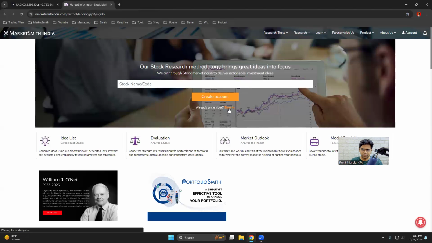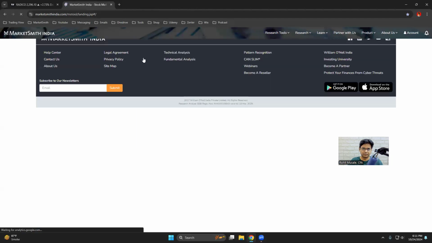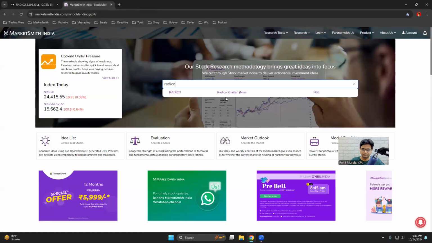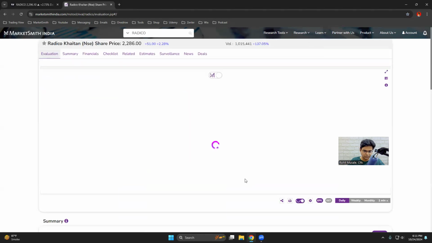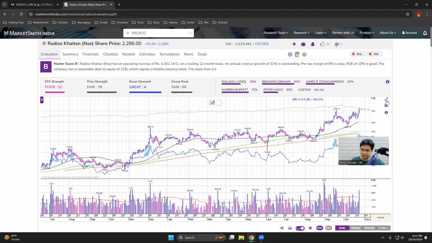So I will sign in. So let's go to Radico. Once you get the context, then you will know which trade to micromanage and which trade you should give more room to fluctuate. Okay. Have a look at this stock.